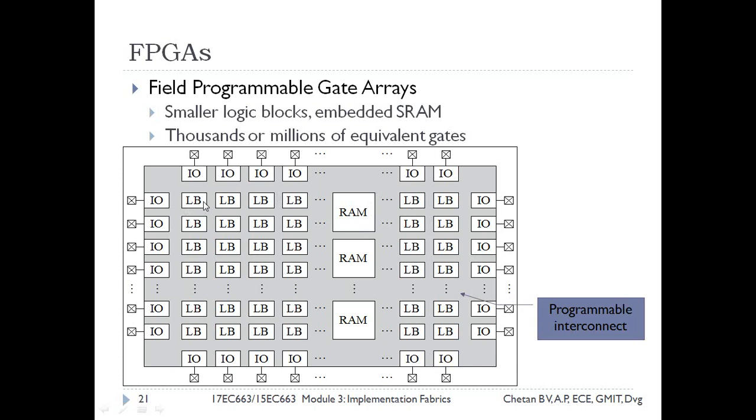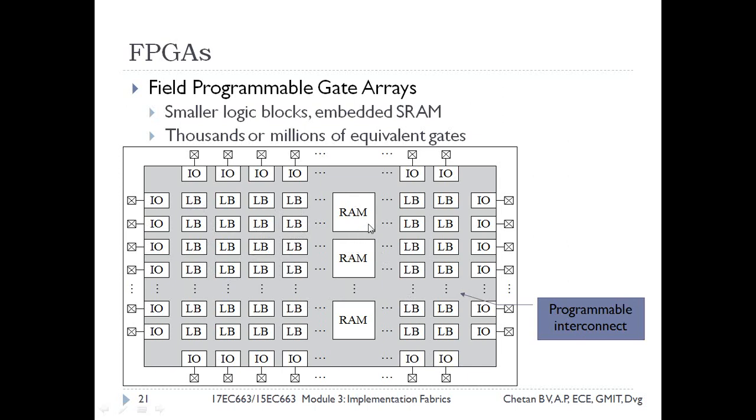The logic block implements the actual function to be implemented. For example, if we want to implement a full adder or a parallel adder, the actual logic of the full adder or parallel adder will be implemented by the logic block. Each logic block is connected with the help of the programmable interconnect.